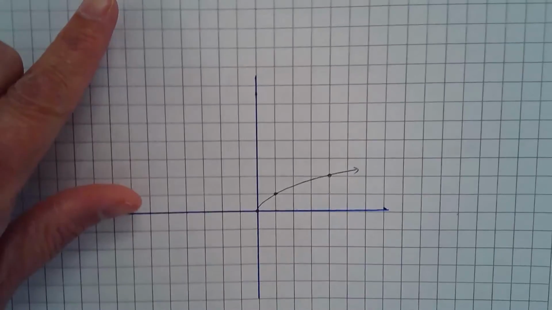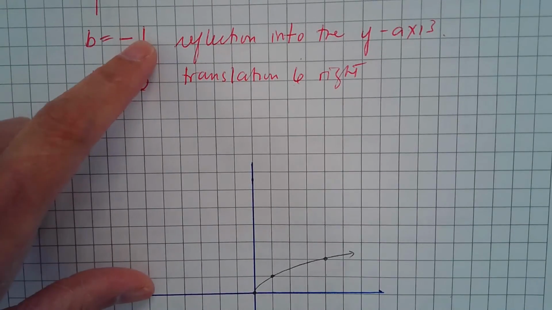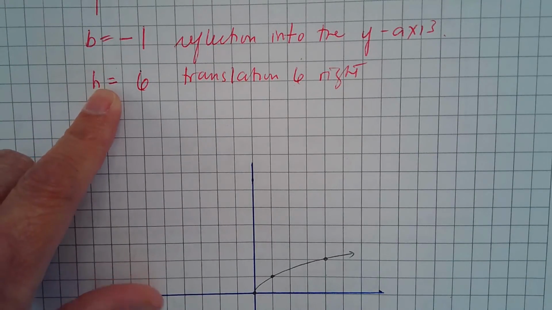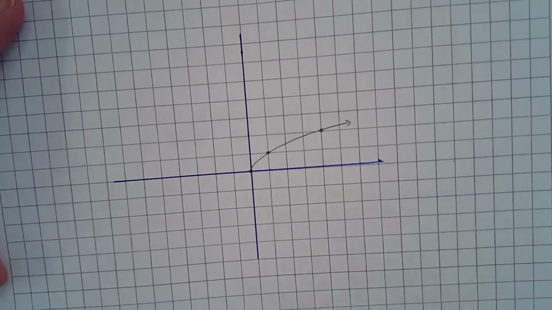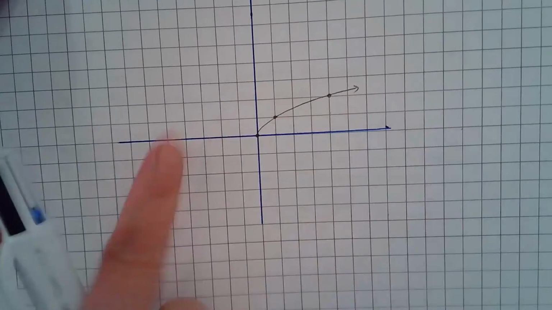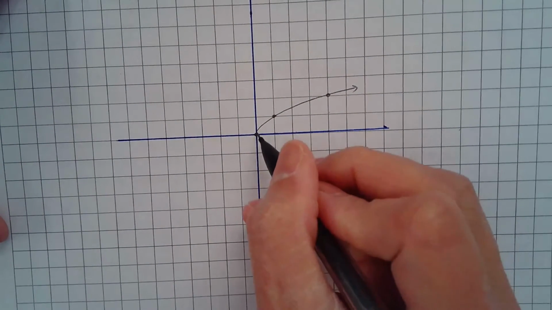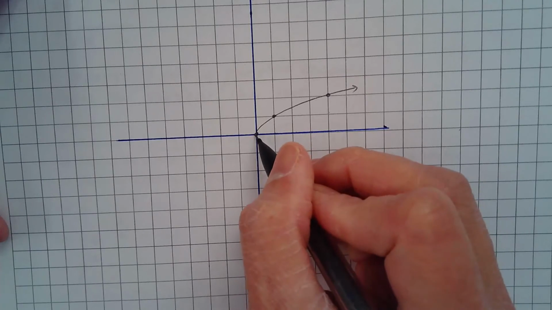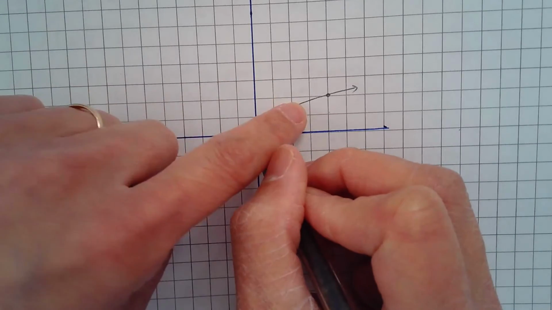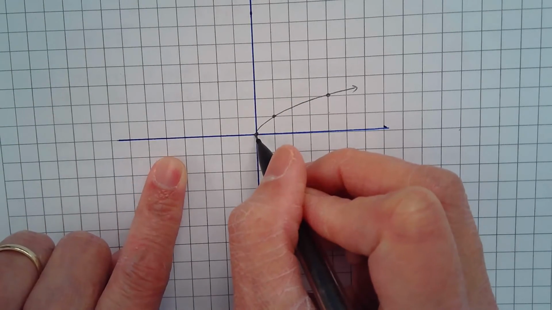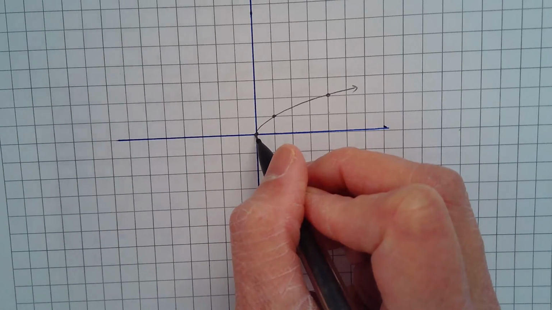Now this one here has a reflection in the y-axis and a translation 6 units to the right. So reflecting it to the other side and then translating it 6 to the right. If it's 0 here, and if we reflect it onto the y-axis, it would still be 0, right?